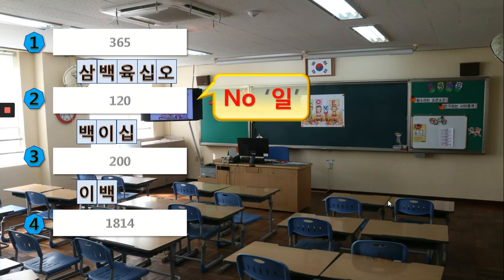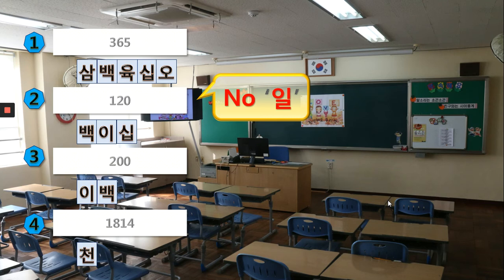How about 1814? Sorry. 1814. In English, they can call this eighteen fourteen, but in Korean, we never read this number like that. We always say it by thousands, hundreds, and tens. So what is 1000? 1, 일, 1000, 천. No, not 일천.